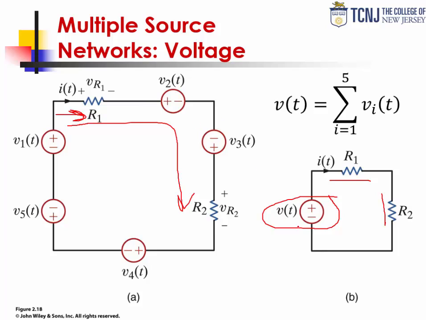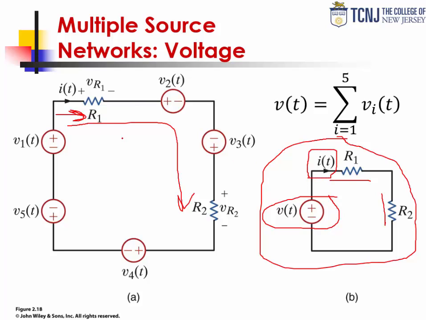So when I combine these 5 voltage sources into this one, I'm left with the 2 resistors connected in this fashion, and this circuit electrically is going to be the same as this one. In other words, I have a total voltage given by the algebraic sum of all these voltage sources by using Kirchhoff's voltage law. I have the 2 resistors, and the current is going to be the same, which is the ultimate outcome of that circuit.